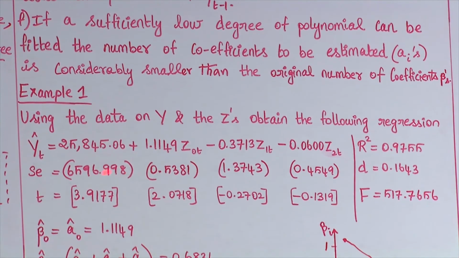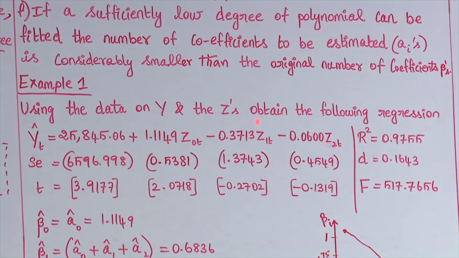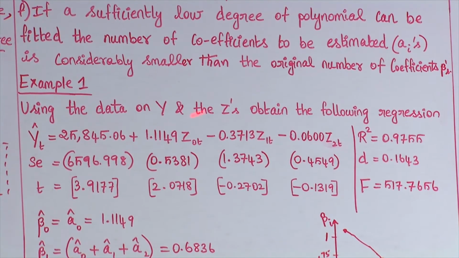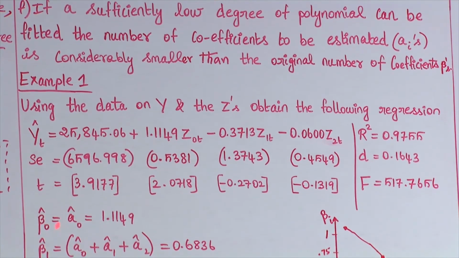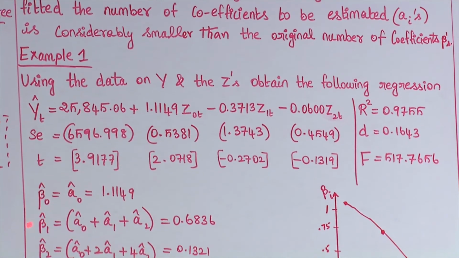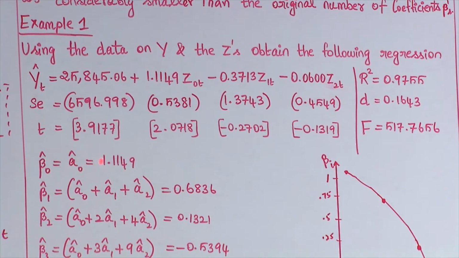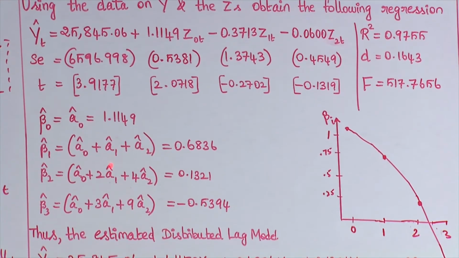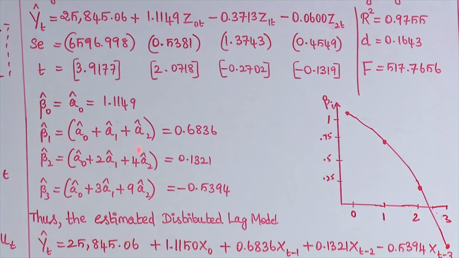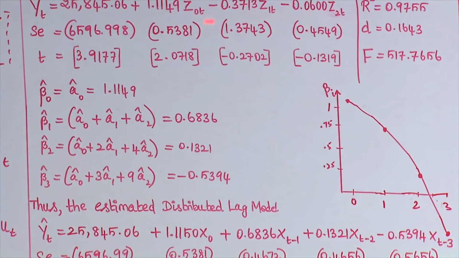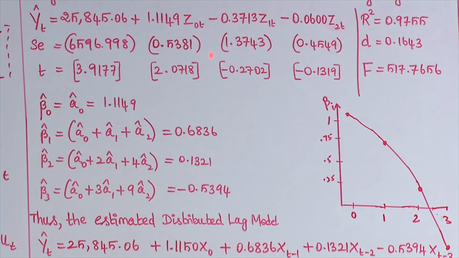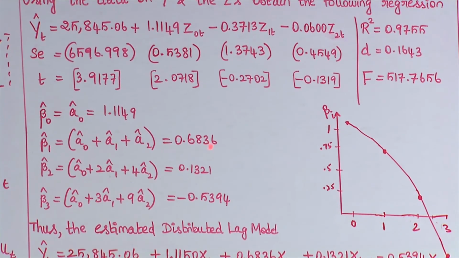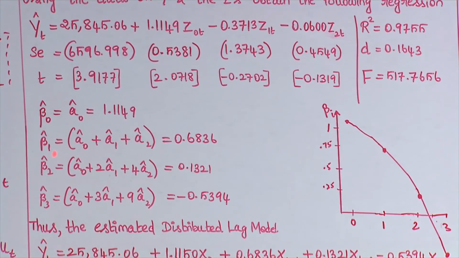So you get to know alpha, A0, A1, A2. Using this, you recompute the coefficients in the main equation: beta 0 is A0, and beta 1 you take from A0 plus A1 plus A2. So you just add these coefficients A0, A1 and A2, and you get the value of beta 1, and you get beta 2 also.